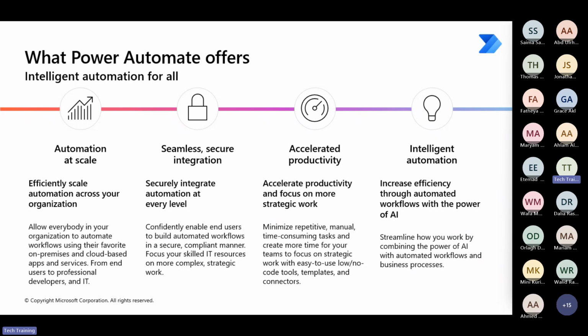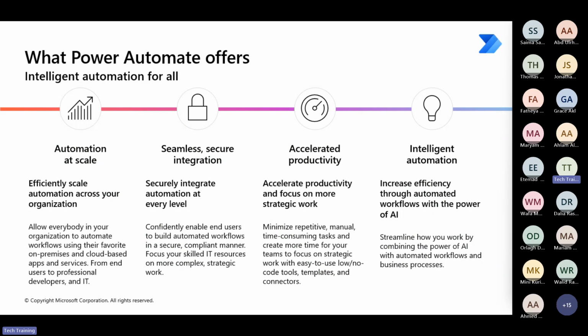Power Automate is a very powerful tool used within the Power Apps group of applications or tools to make things that we do manually or repetitively, or things that need to be automated by a person or by a group of persons like a department.